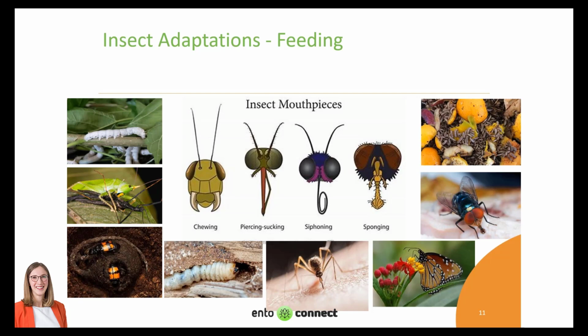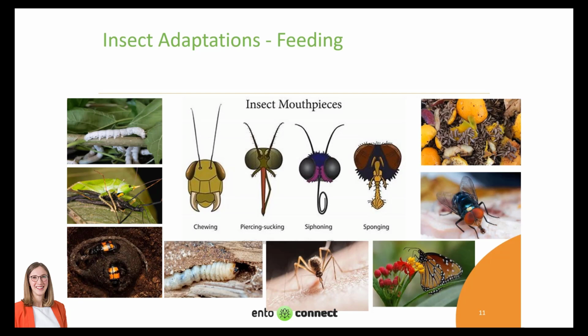So as diverse as the mouthpieces are, as diverse is the nutrition of different insect species. There are insects which feed on a great variety of possible feed substrates, like the famous black soldier fly, and this makes them very suitable for insect rearing.